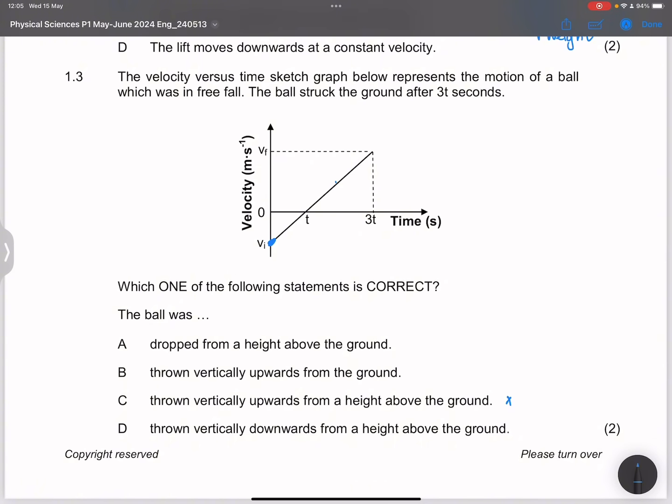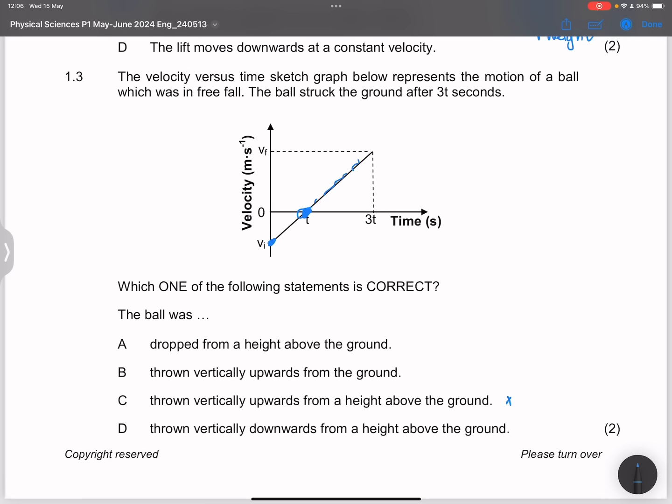Now, if you look at this, the reason why I'm saying vertically upwards is that it must have reached maximum height at this stage. So we threw it, it went up, reached the maximum height, and then started coming down.